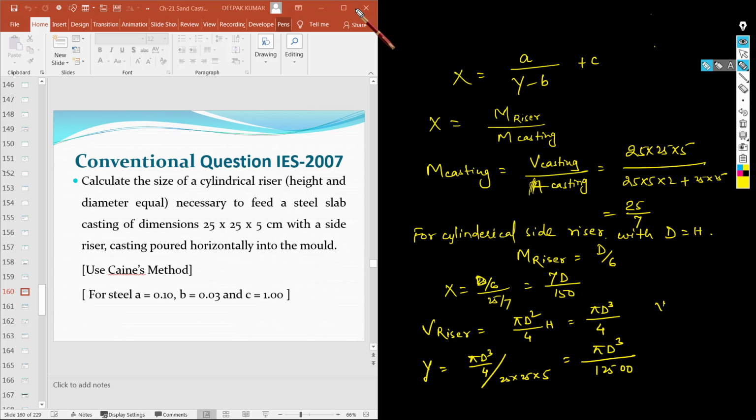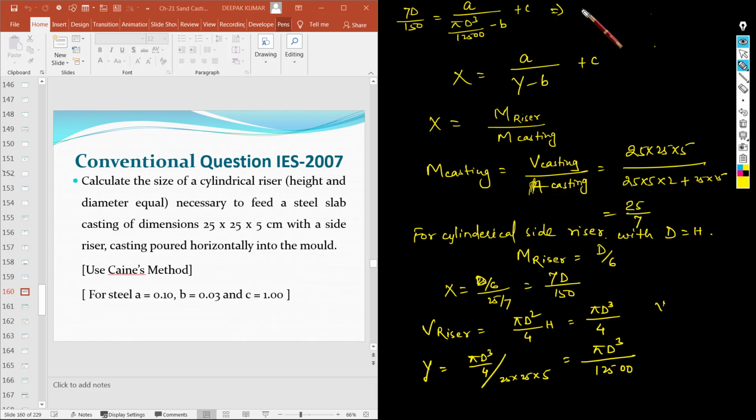Okay. So just put x, that is 7d by 150, is equal to a divided by pi d cube by 12500 minus b plus c. C is a constant, so just put it this side, minus c.